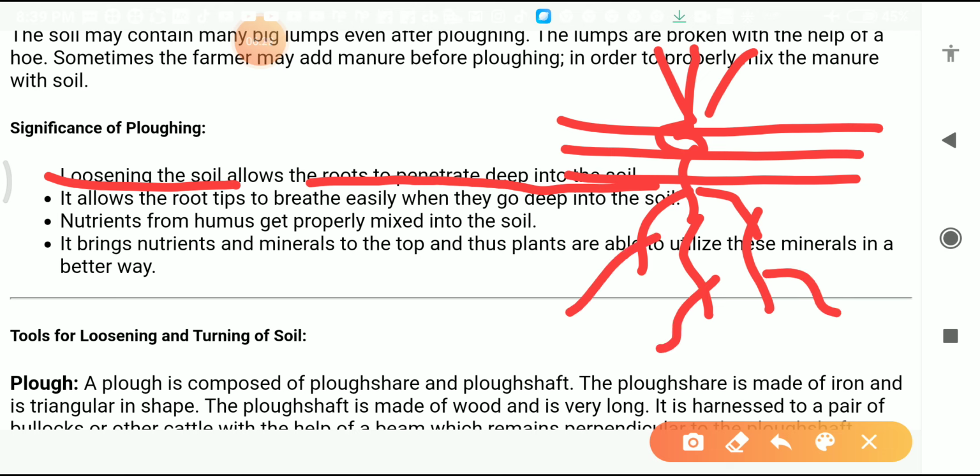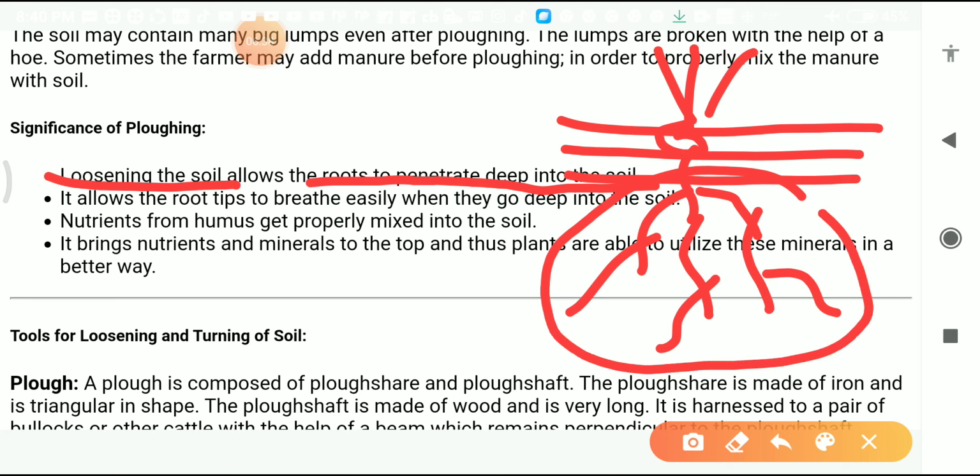When it goes inside the soil, and the soil is loose, not tightly packed, then this root will easily penetrate into the soil. Penetrate means goes deeply; the root will very easily go inside the soil.